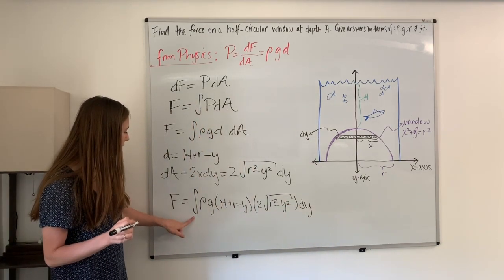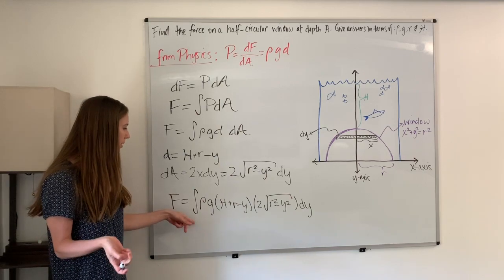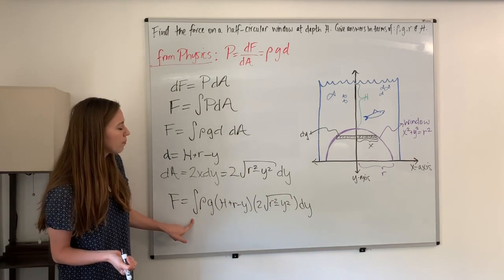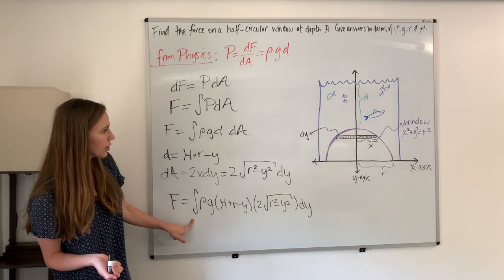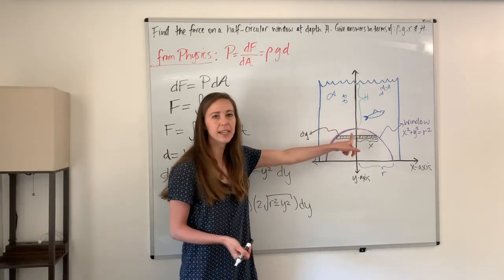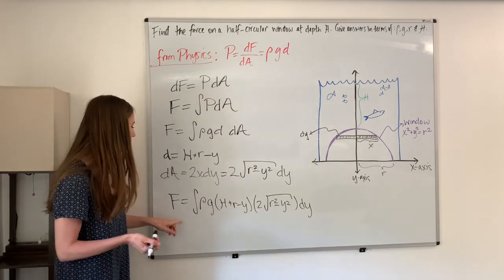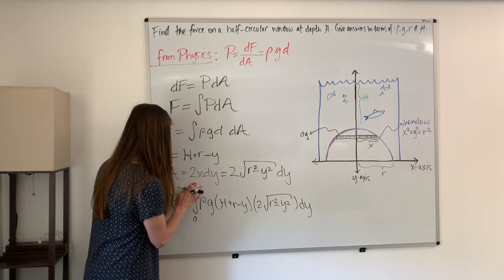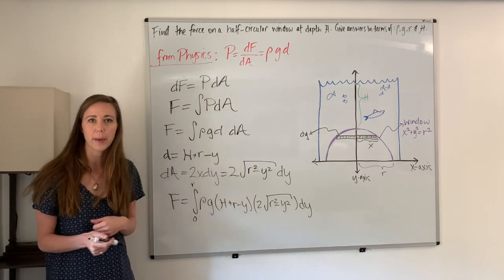And then lastly, we need to make sure we have bounds, and our bounds are between 0 and r, because r is our radius, and so the highest point we get is r, so from 0 to r is our bounds.